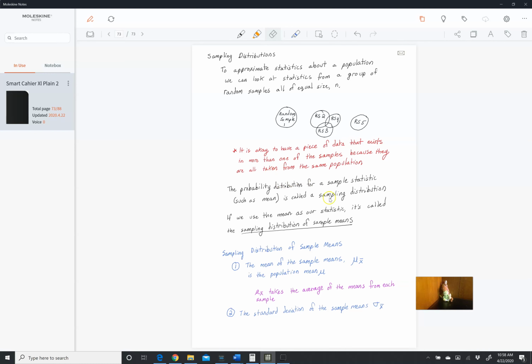So sigma, if you remember, is standard deviation of a population, and we're going to use subscript of x bar because that takes each of the means from here and it finds the standard deviation of all of those means.